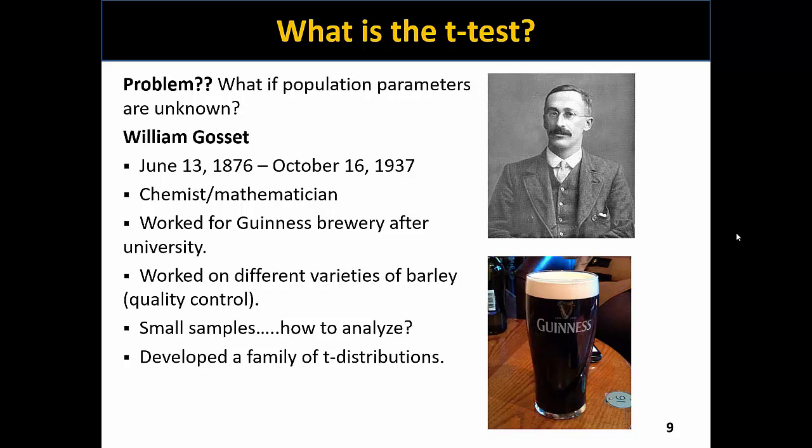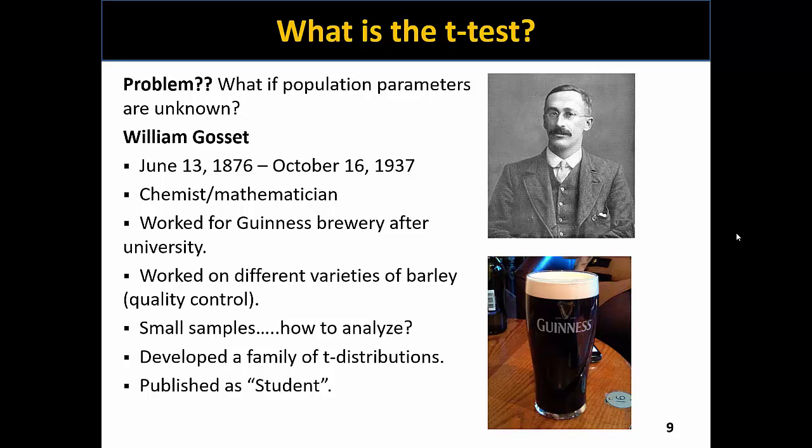In publishing his work, he was not allowed to use his name as he was working for Guinness at the time. So he published it under a pen name, or a pseudonym, Student. And to this day, the t-test is often referred to as the student t-test.